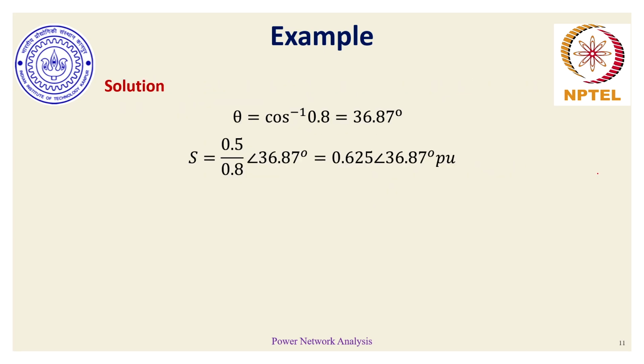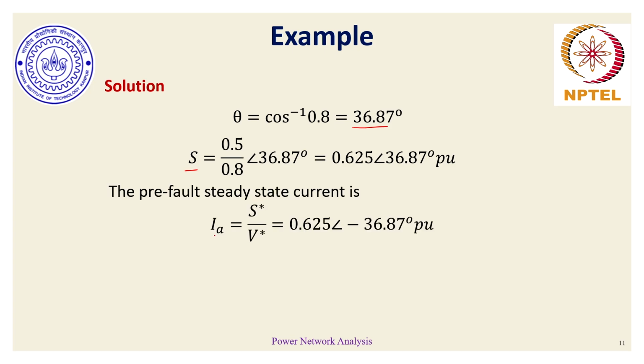So how do we do that? We first find the power factor angle, and since it is a lagging power factor, the power being delivered by the generator is being fed to an inductive load, and hence the armature current lags the terminal voltage, or the infinite bus voltage, by an angle of 36.87 degrees.